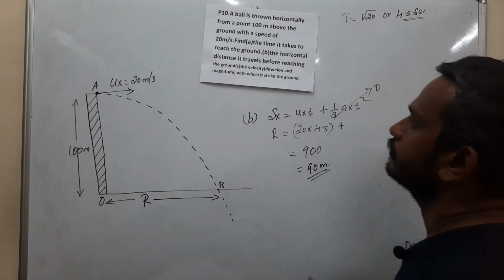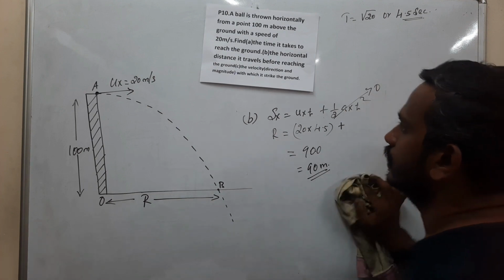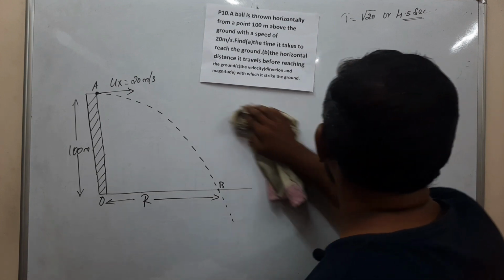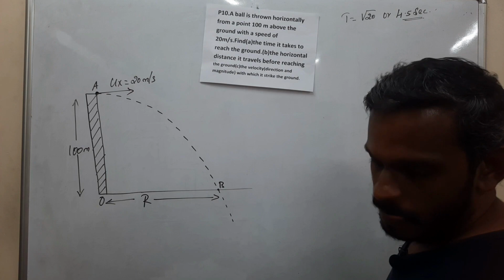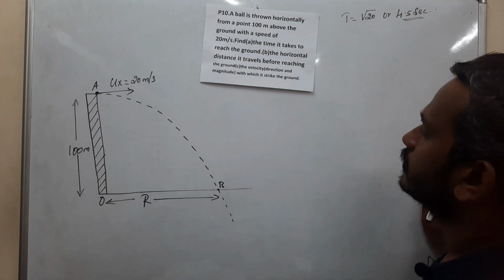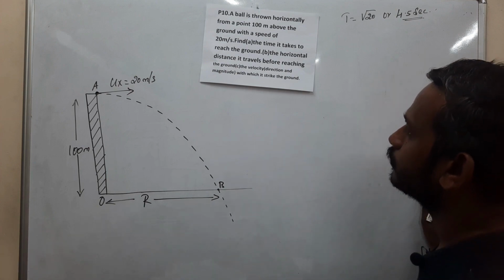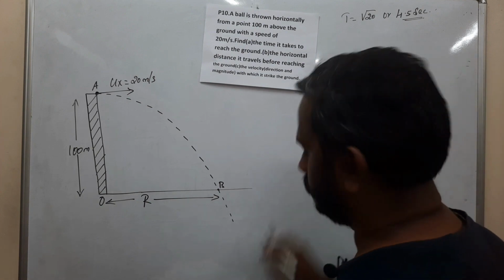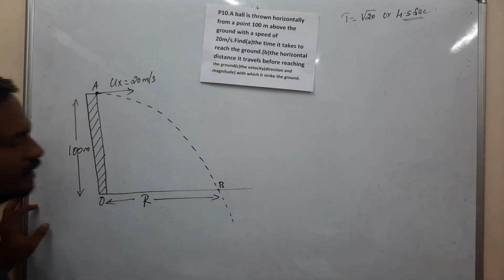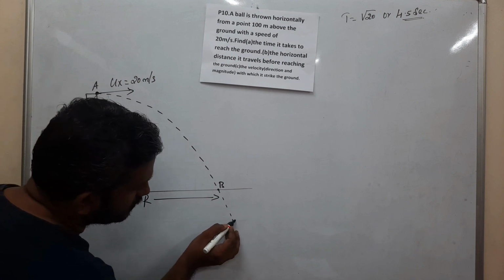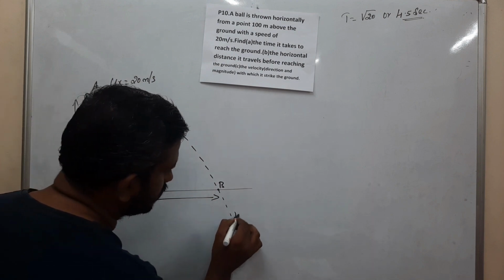Then third part. The velocity, that is direction and magnitude with which it strikes the ground. Okay, so this is the velocity v.